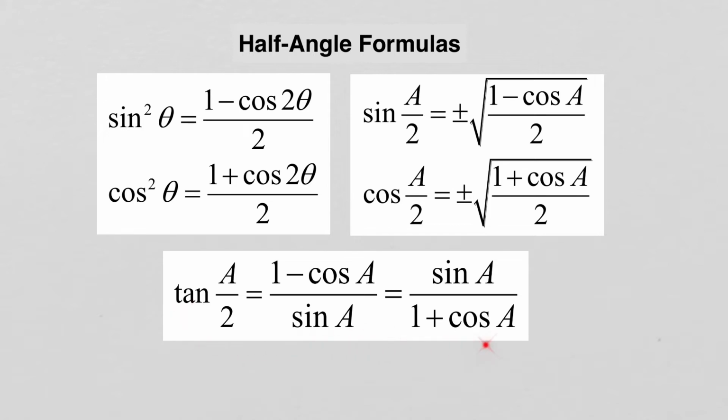This is not covered in some textbooks, but I wanted to include it here just for reference. Now, you don't really need the half-angle formula for tangent too much, because if you can find the sine of a over 2 and the cosine of a over 2, you can get the tangent by simply dividing sine by cosine. Let's take a look at some examples.